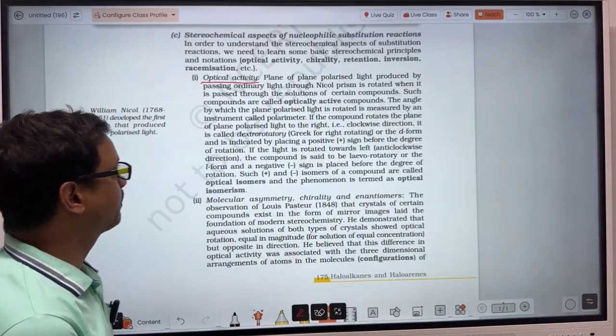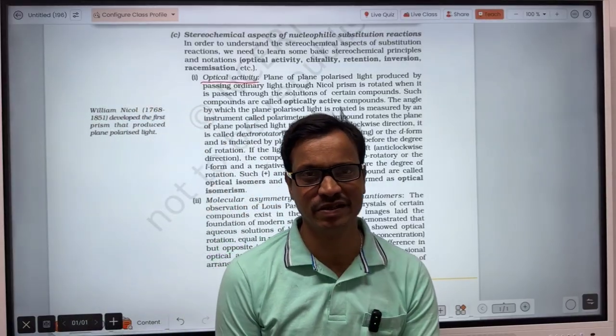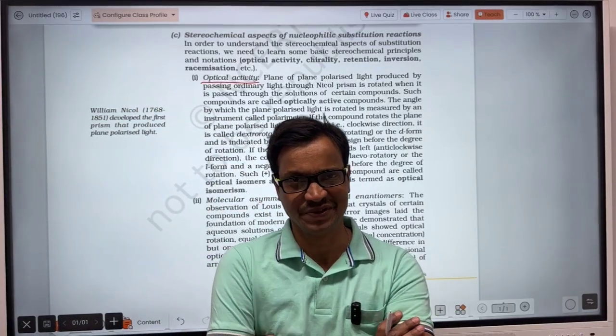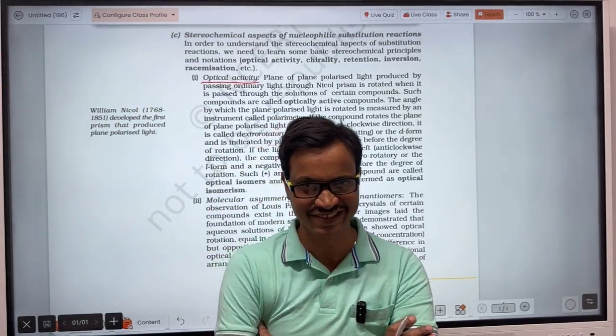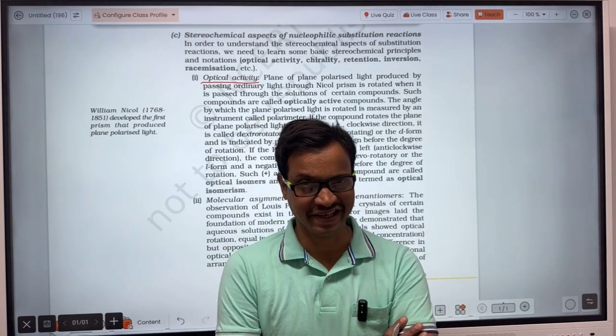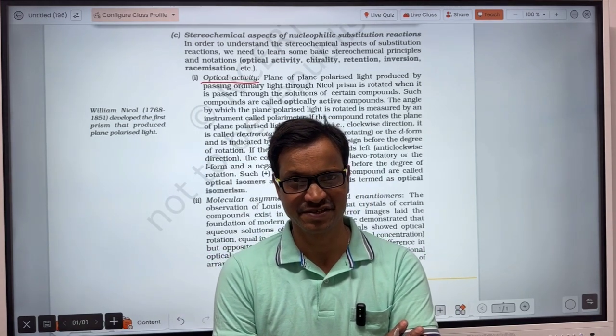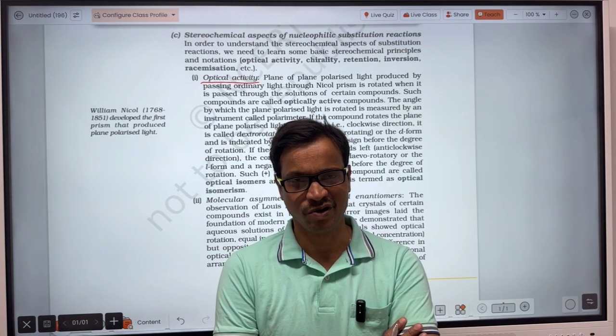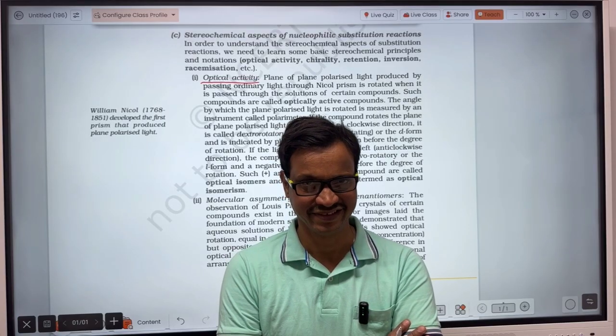Okay. So how to predict whether a substance will be optically active or optically inactive? That's the question. How will you predict that a substance is optically active or optically inactive?